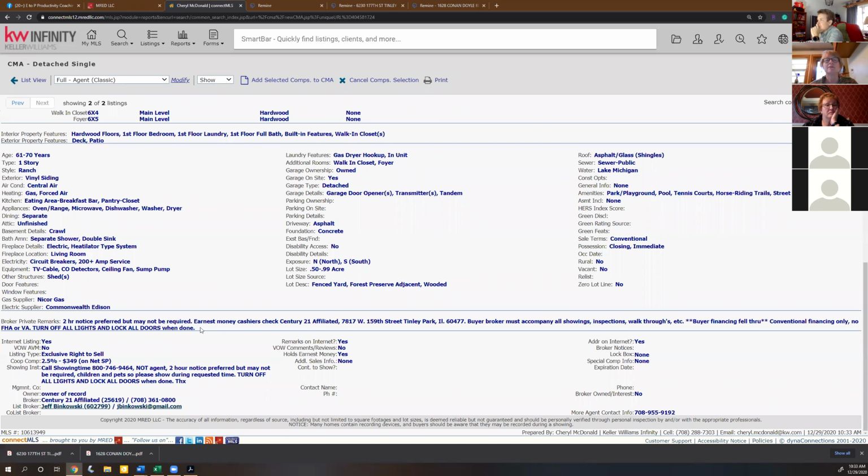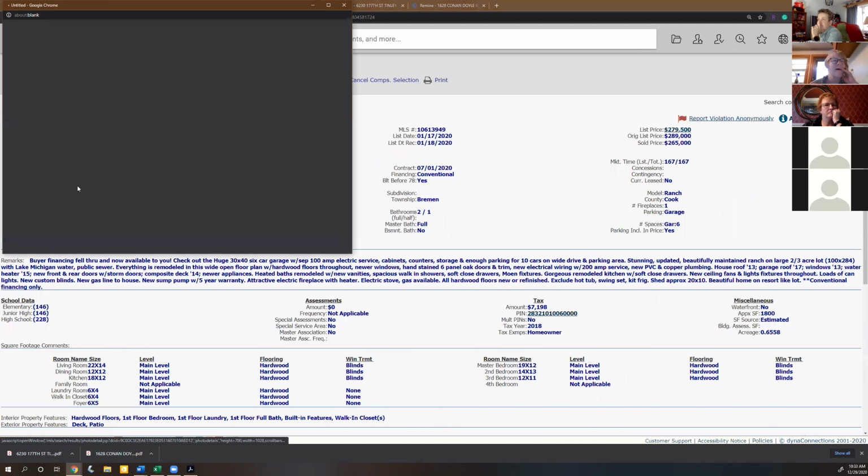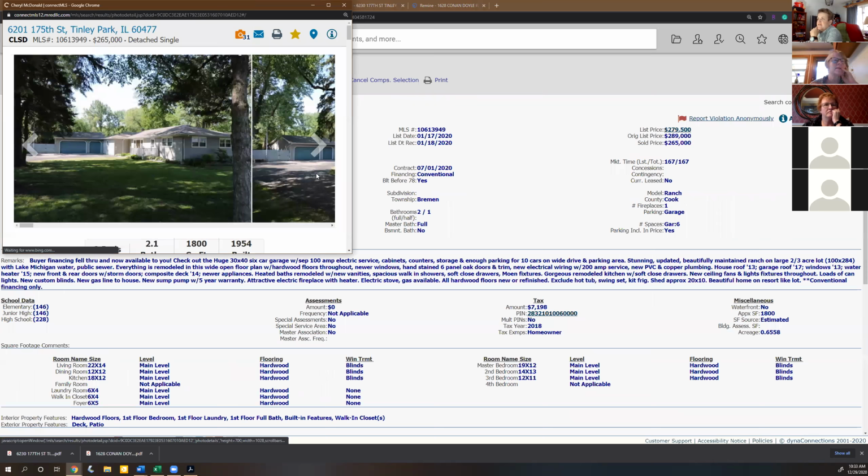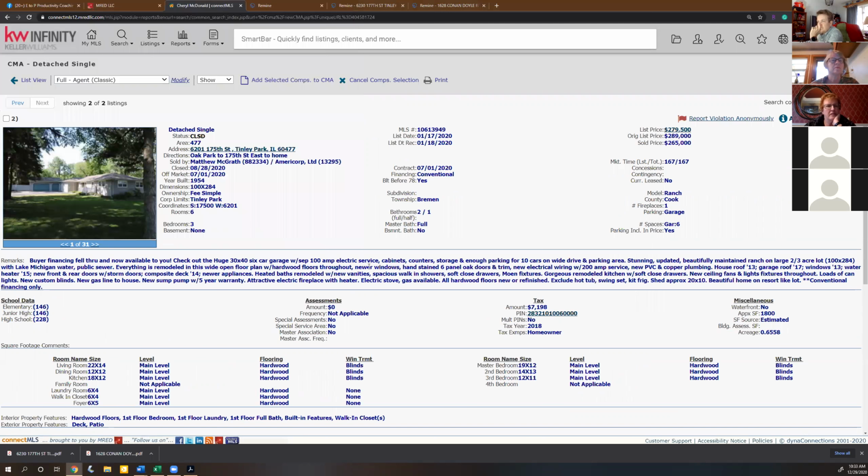Public. Yep. They probably had a pool in that spot. Could be. Or a garden. Is this the one, Patty, that you said had the buyer fall through? Yeah, it says in the remarks, buyer financing fell through and now available to you. Oh, okay. Good catch.